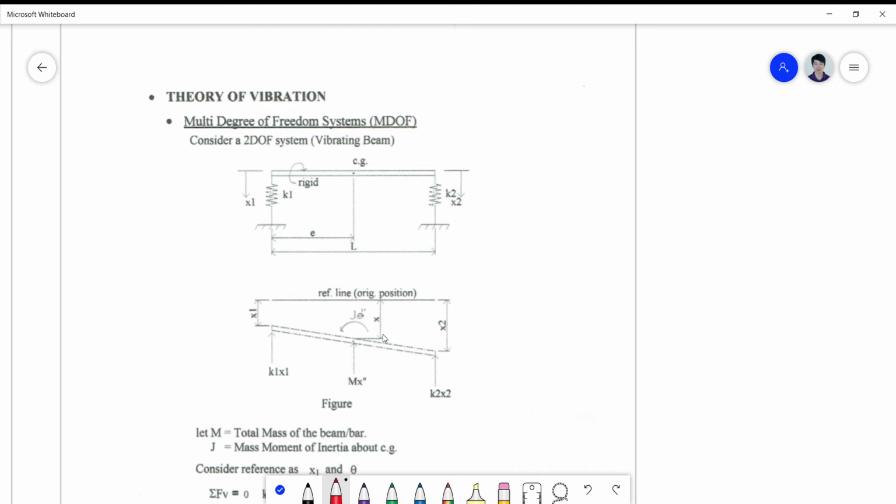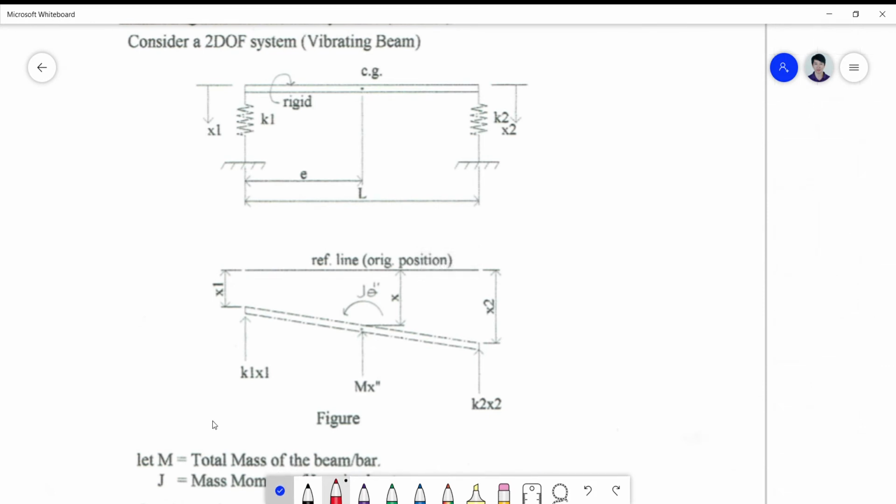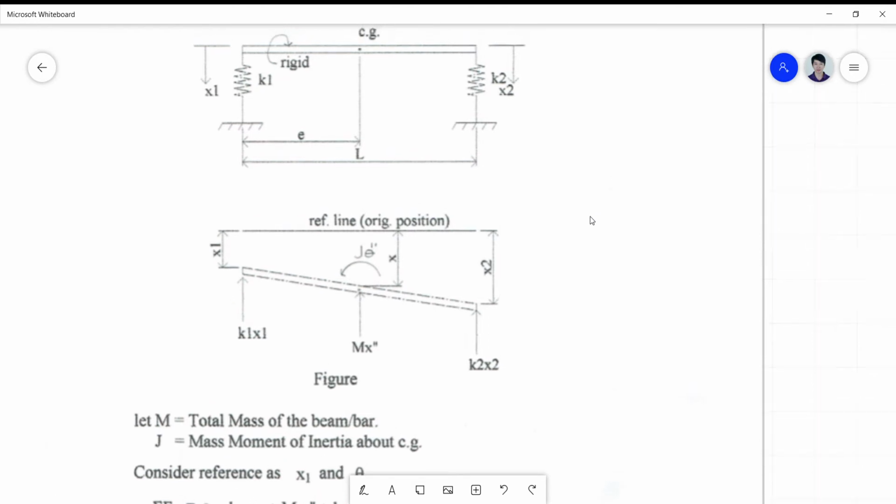So if we look at the FBD of such a system, taking note of this reference line, which is the original position of the bar, we can come up with forces that constitute the spring force and the inertia brought about by the mass, which is concentrated at the center of gravity of this bar element.